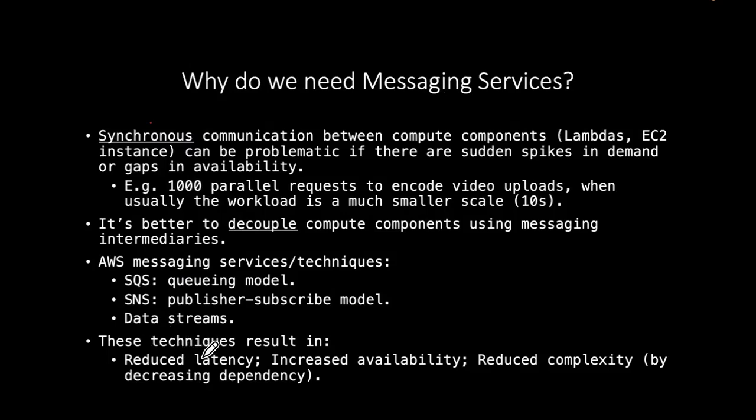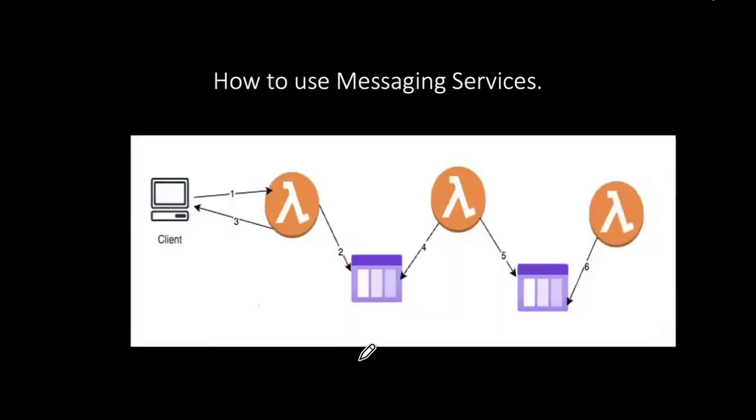Okay, your client is now only waiting for the first lambda to complete its functionality. You get increased availability. By that I mean, if for whatever reason, let's say this lambda is temporarily unavailable, then the messages that are here, which it needs to process, will remain there.